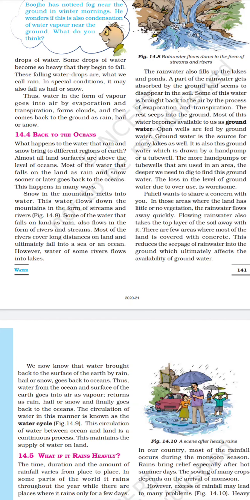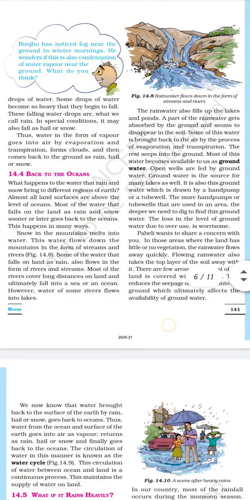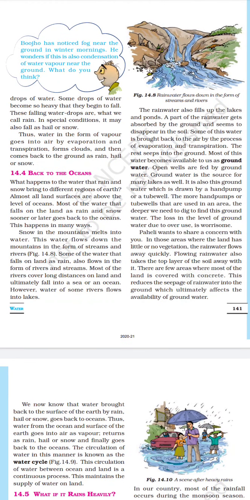So easily you can understand, and already one picture is given. Figure number 14.8, you can see rainwater flows down in the form of streams and rivers. Very easy part.